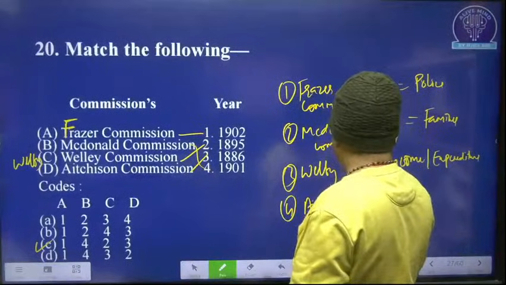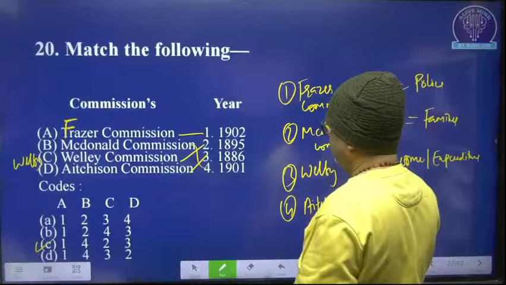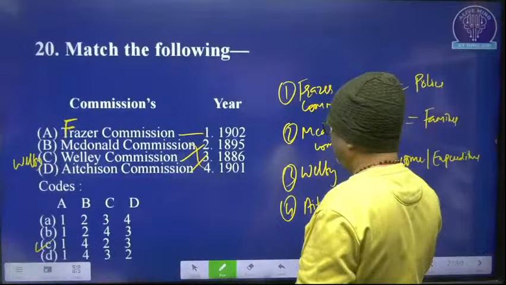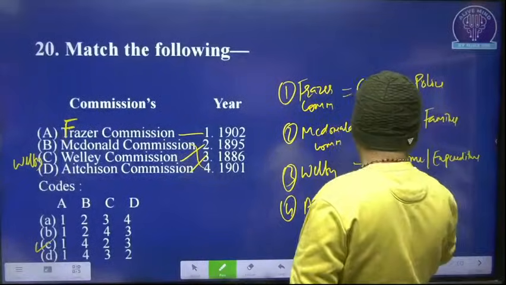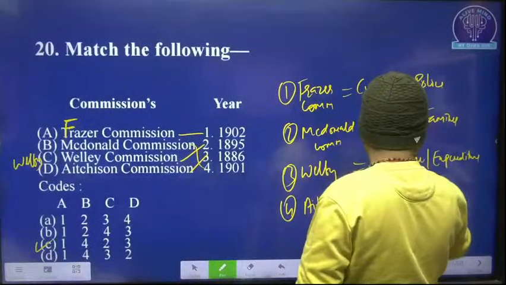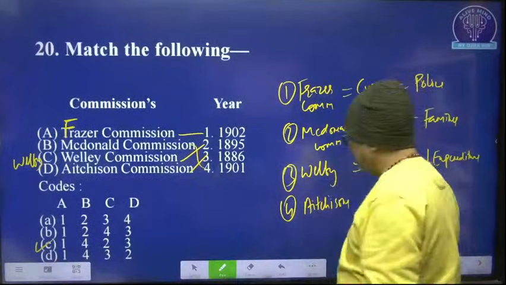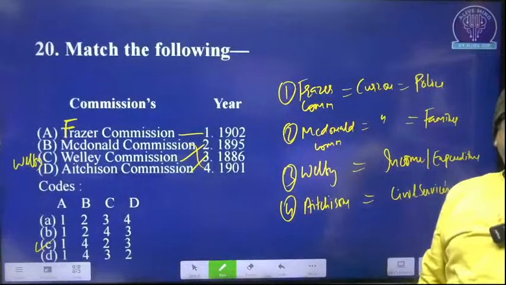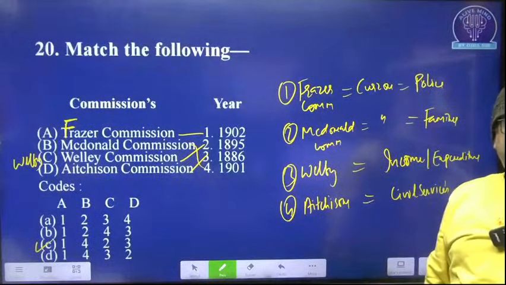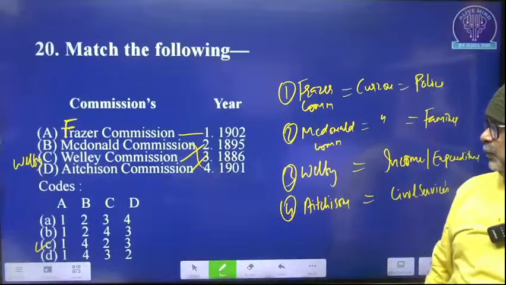Hutchison, civil services, and this commission led to the birth of the twofold civil services, central and state. So 20C.